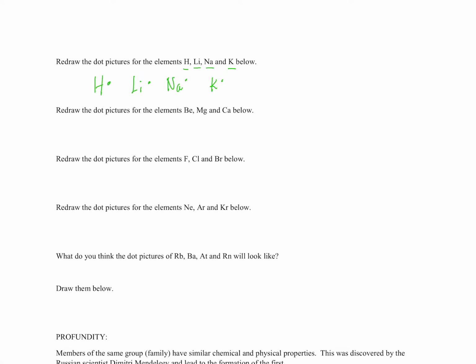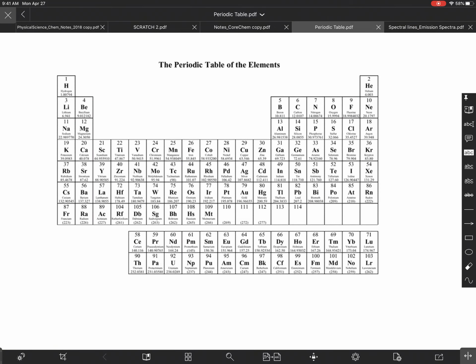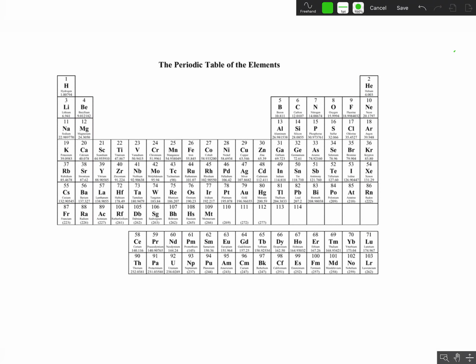Let's take a look and see where they're located in the periodic table. It looks like hydrogen is right here. Lithium, sodium, and potassium all had one dot. They're in group number 1.